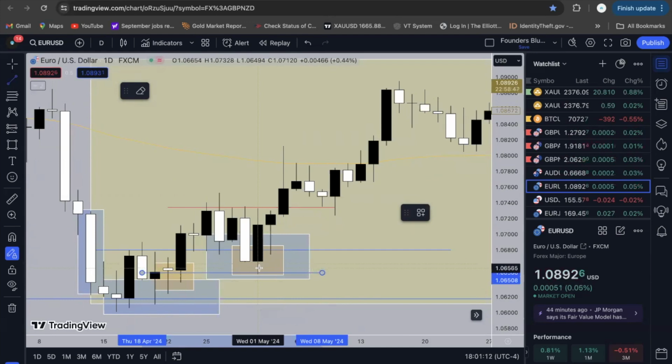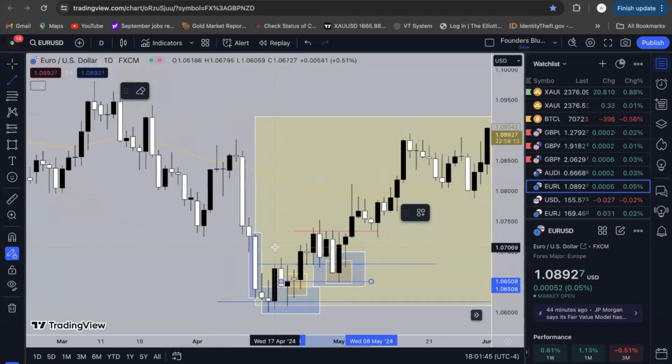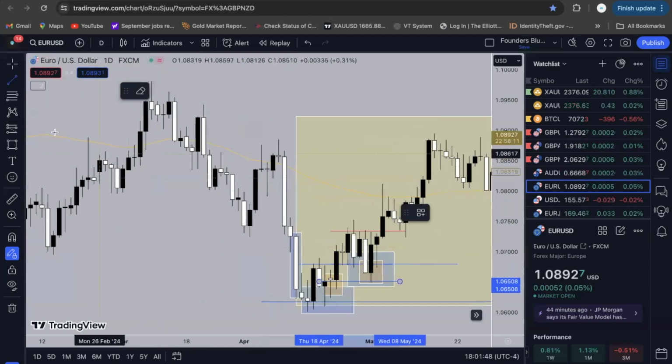It tapped it, boom, and went back up, creating support. Then that following candle went down, more support. So if you're seeing this, what could that be telling you based off how these candles are forming? Buyers are taking over.